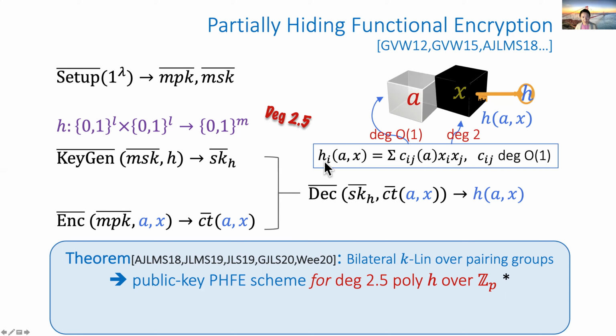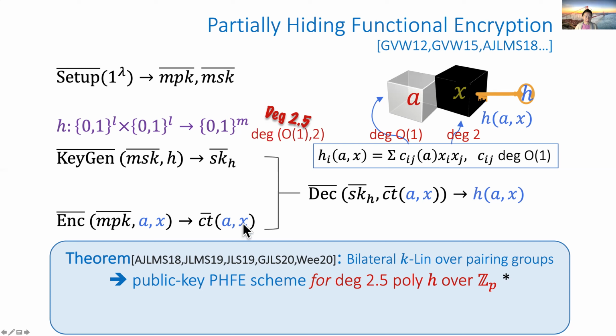In other words, h has constant degree depending on the public input a and has only degree 2 depending on the secret input x. We refer to this type of polynomial as having degree 2.5, or more precisely, I will say that it has degree order of (1, 2).